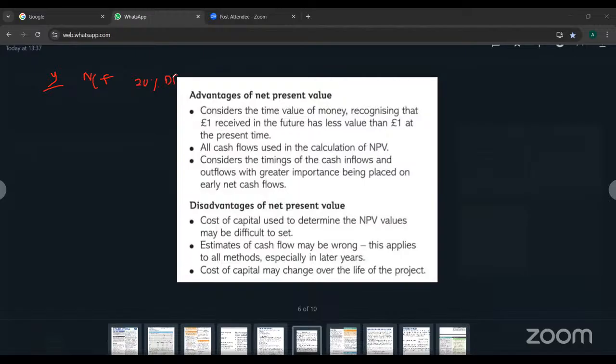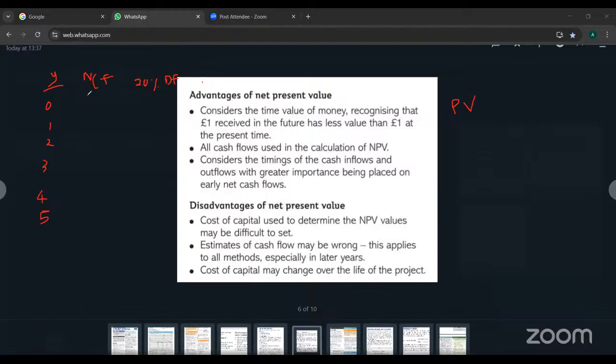Then you have to find the present value. I'll write it here because there's no space. Here again, you put years 0, 1, 2, 3, 4, and 5.